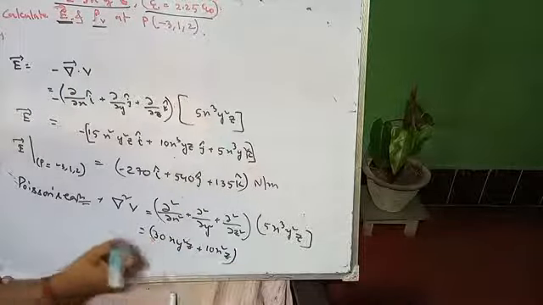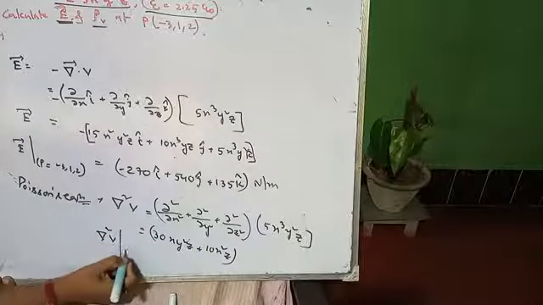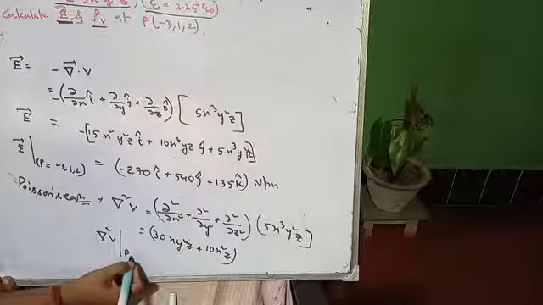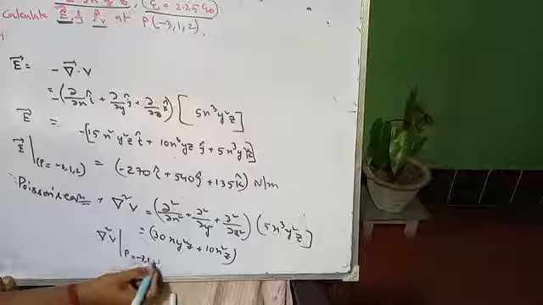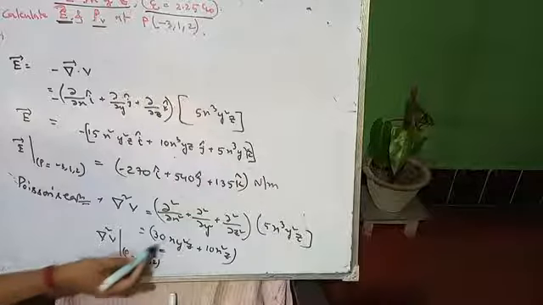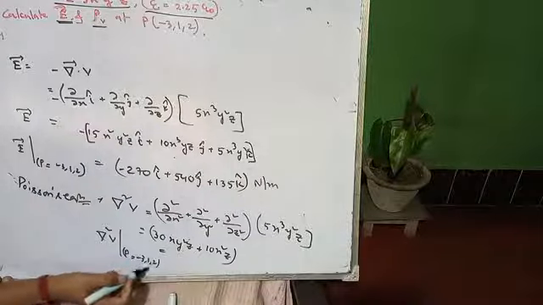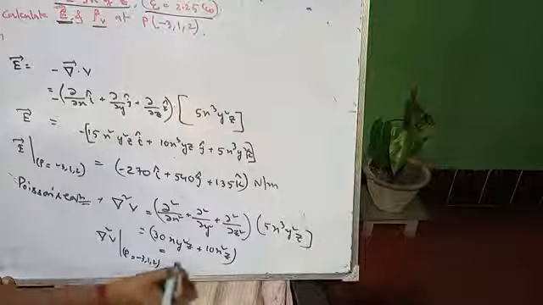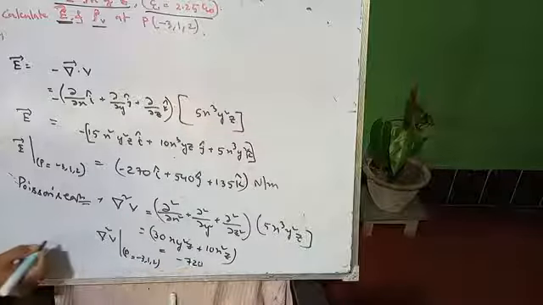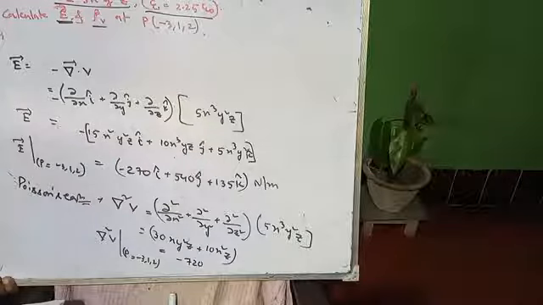Now find the Laplacian at point P (-3, 1, 2). If we put x equals minus 3, y equals 1 and z equals 2, we get the answer minus 720. That is, the Laplacian of V equals minus 720.